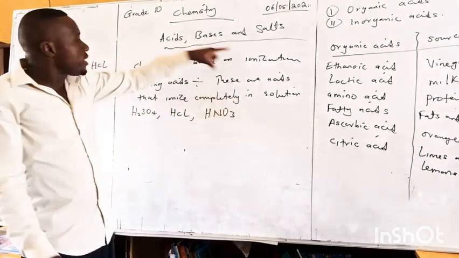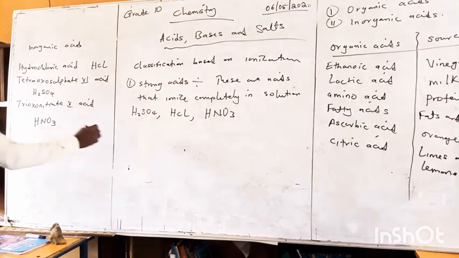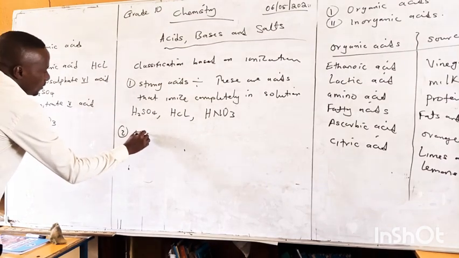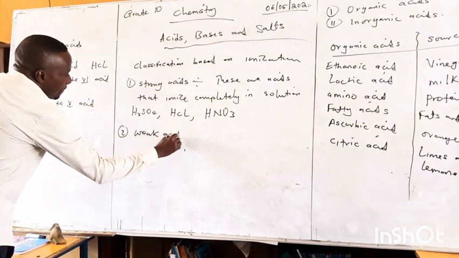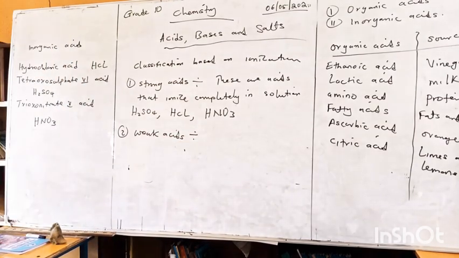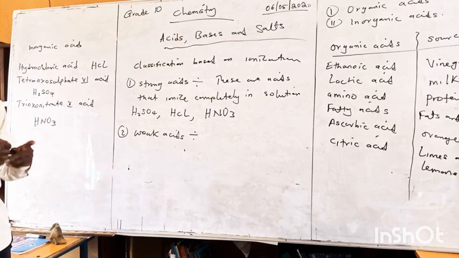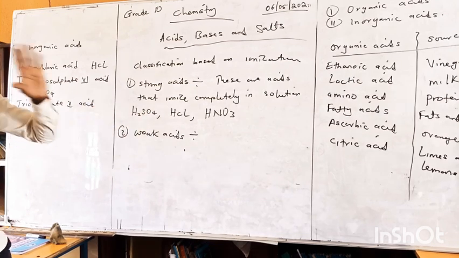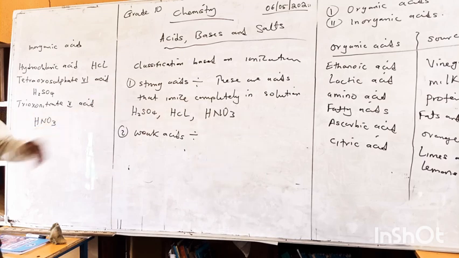Now let's look at weak acid. We have weak and strong acid. The weak acids are acids that ionize partially or incompletely in solution. If you dissolve them in water, they will produce a very small quantity or amount of hydrogen.